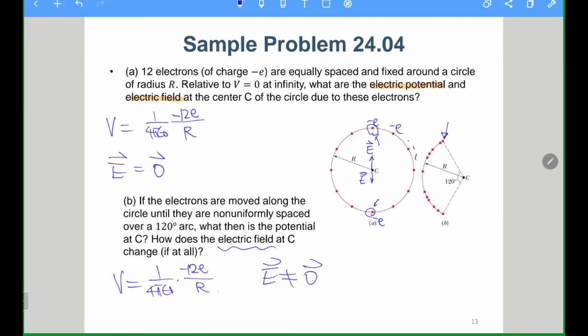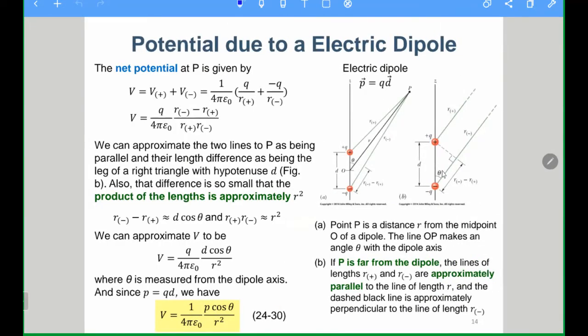Okay, so let's move to another part. Here it introduces the potential due to an electric dipole. Just now we already learned the potential generated by a charge, which is nothing but 1 over 4 pi epsilon naught times Q over R. Here we have two charges, so we just need to add the potentials of the two charges together to get the potential generated by the electric dipole.